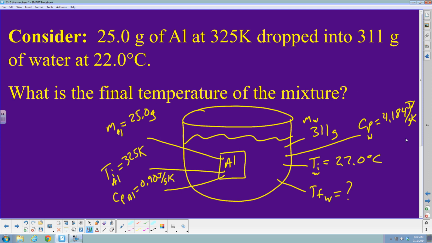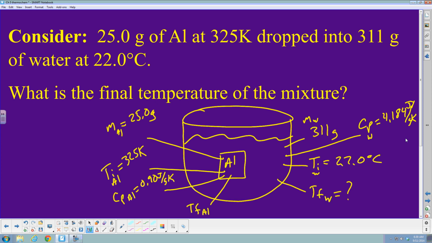Got it. Now, we have to find the final temp for both of these. And what do you know about the final temp? T final aluminum. What do you know about the final temp of both of those? Well, here's the issue. We know that, what is heat? Heat is the transfer of energy between bodies at two different temperatures.